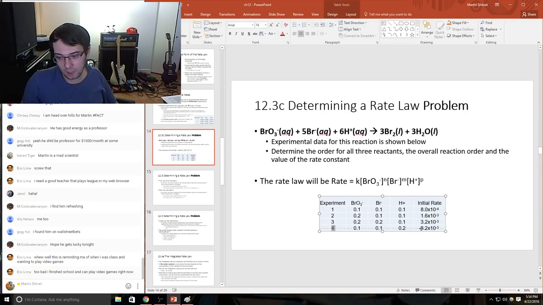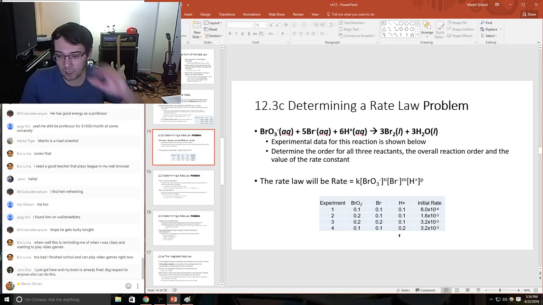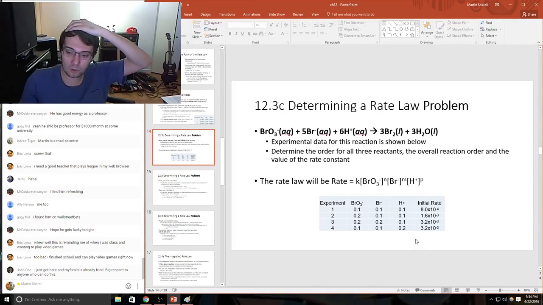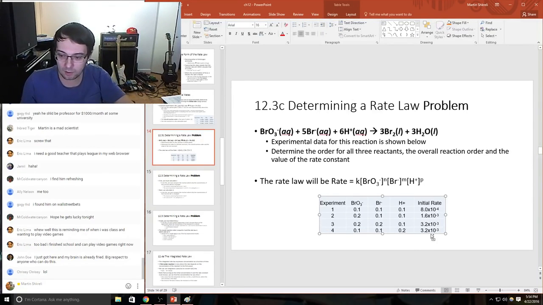It's 4 times faster. 32 divided by 8 is 4. But you only doubled the amount of protons. So that's 2. The rate ratio 4 equals 2 to the p power. So p must be 2 because 2 squared is 4. It can't be first order because 2 to the first power is 2, and we know it's 4 times faster.